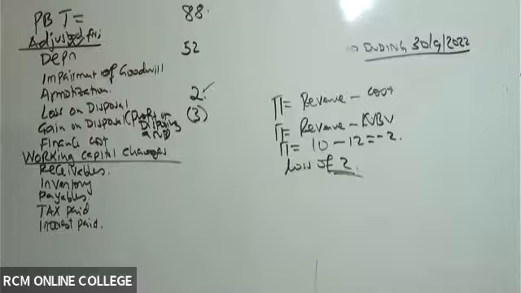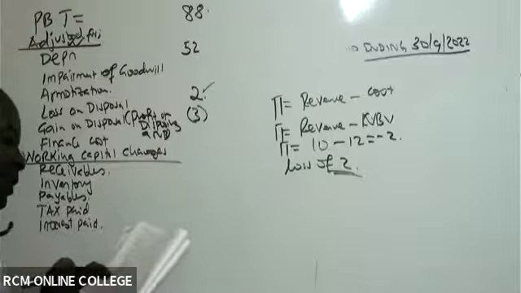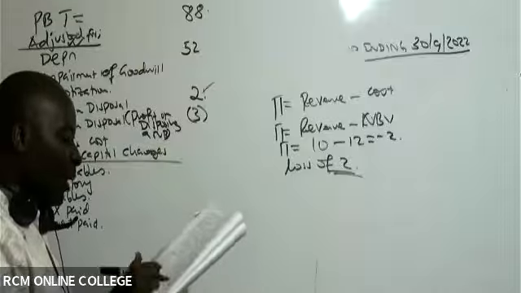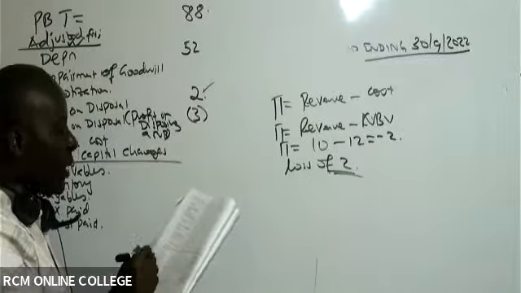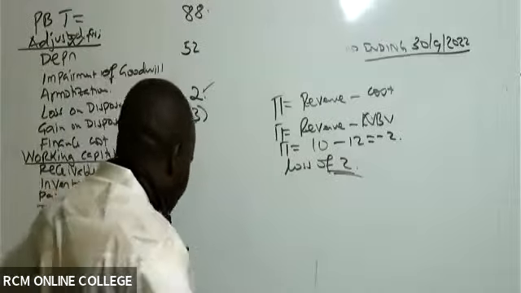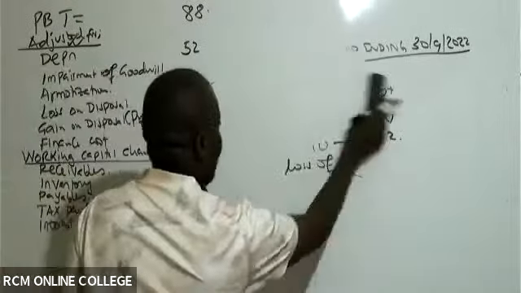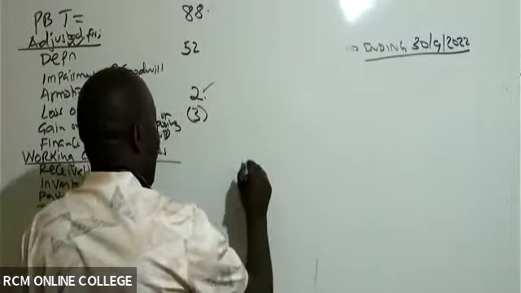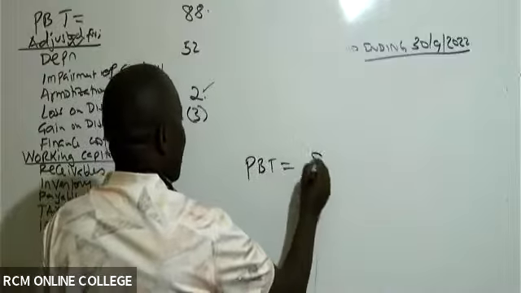Ladies and gentlemen, once you reach here, you've been able to do very many things from your notes, the accounts. Now, once you reach here, you go straight away to your income statement where you are able to see profit before tax. Profit before tax is 88.